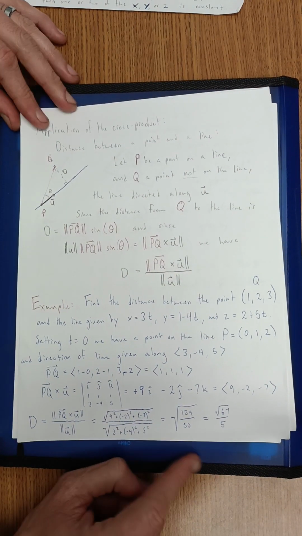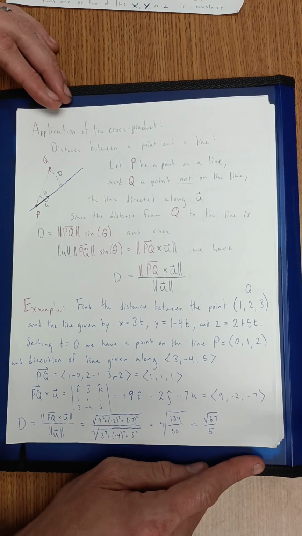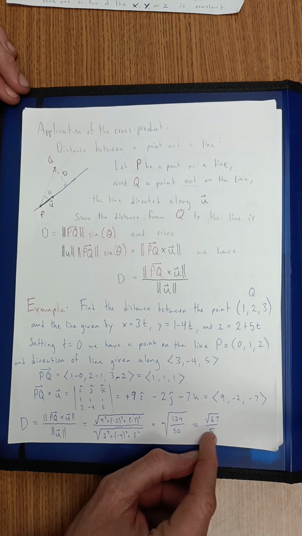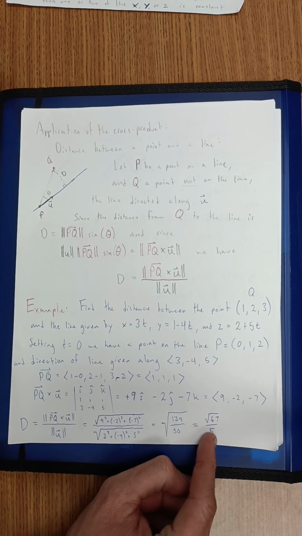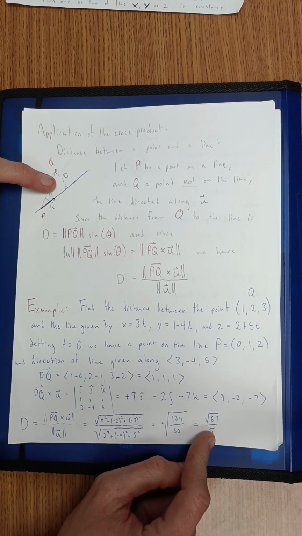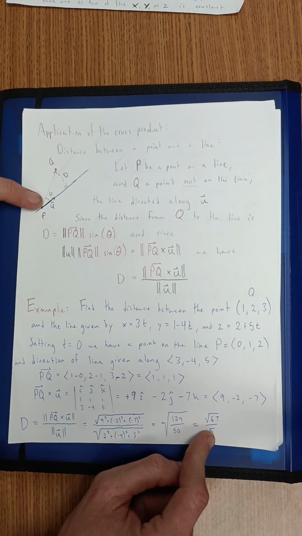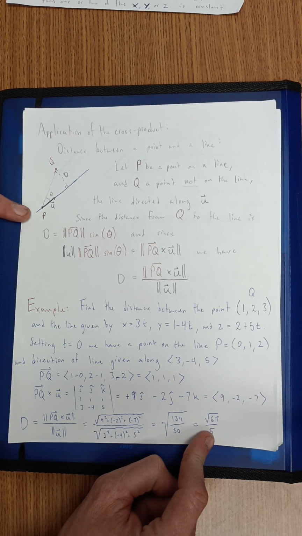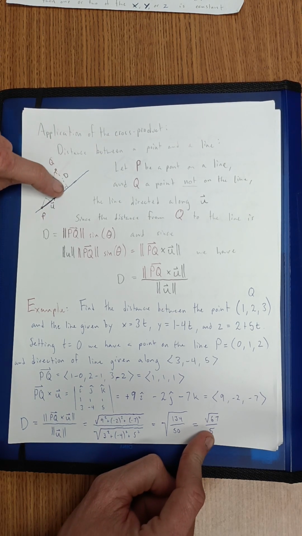So now let's take a look at an application of the cross product. Remember that cross products have to do with sines of angles between 2 vectors. And notice that this value d is the sine of this right triangle here, made with theta, the angle between vector pq, and u, which I have as the vector directed along the line segment.